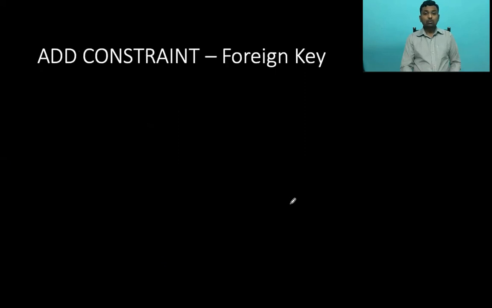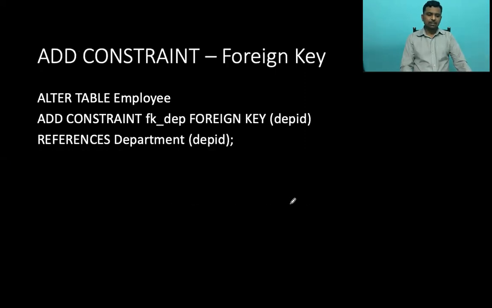So for that, after creating the tables, I'm going to add a constraint. I'll say alter table, table name, add constraint, constraint name, foreign key department ID references department, department ID. So this department ID in the employee table is referencing the department ID in the department table.